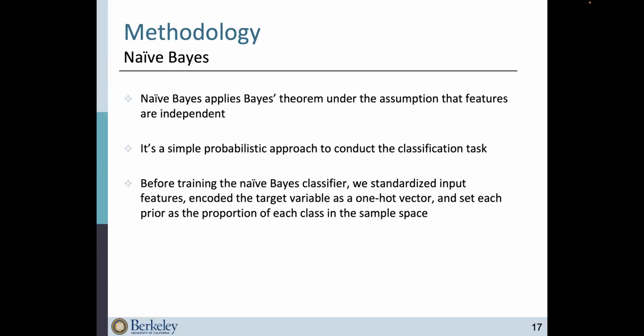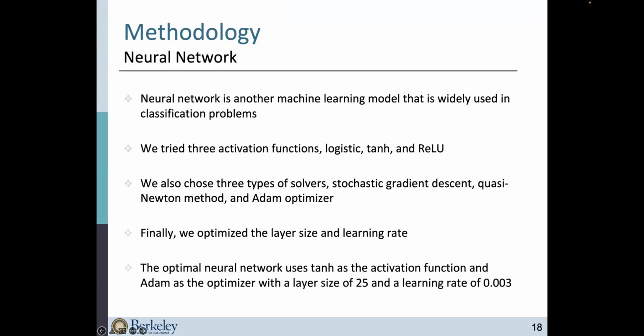We encode the target variable as a one-hot vector, and we set the prior as the proportion of each class in the sample space. It's a very famous classifier, right?